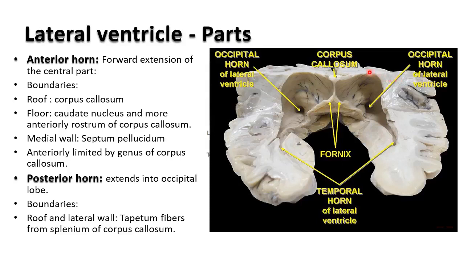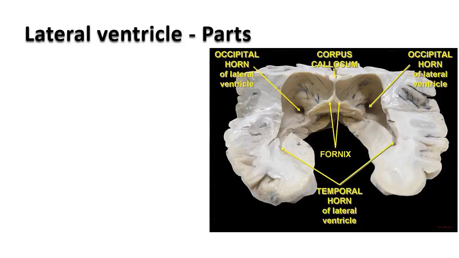These form the tapetum fibers from the splenium, because you have come near to the occipital lobe. So naturally the roof and lateral wall are formed by the tapetal fibers, which are not interrupted by the descending or ascending vertical fibers, which are mainly the fibers of the internal capsule, the white matter projection fibers.